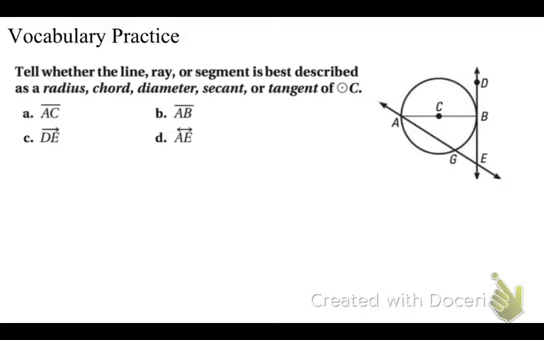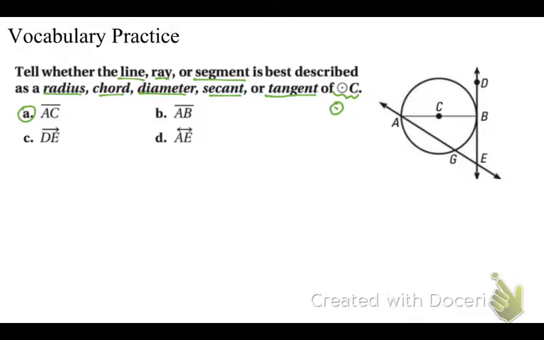Tell whether the line, ray, or segment is best described as a radius, a chord, a diameter, a secant, or a tangent of circle C. And this, by the way, is how you would write circle C. So that little drawing right there means circle. See, it's got the center of the circle here. And then you have a letter, or you could have a number, I guess, that names it as circle C.